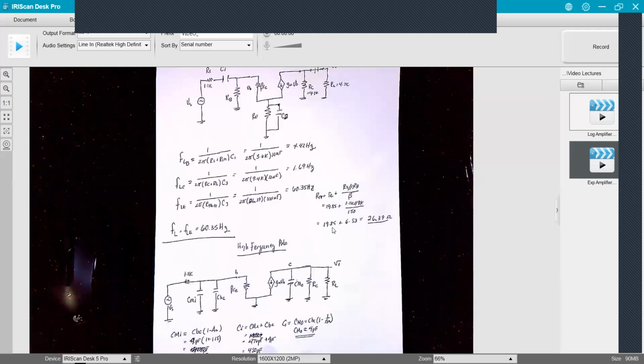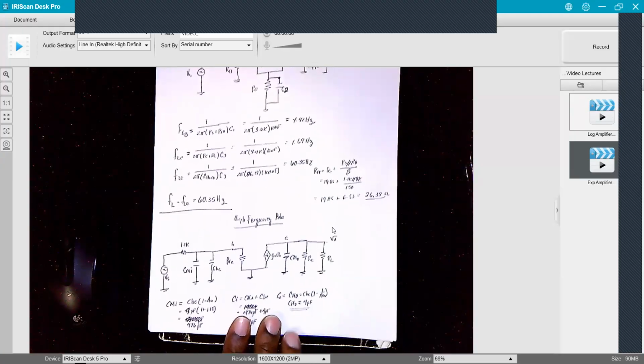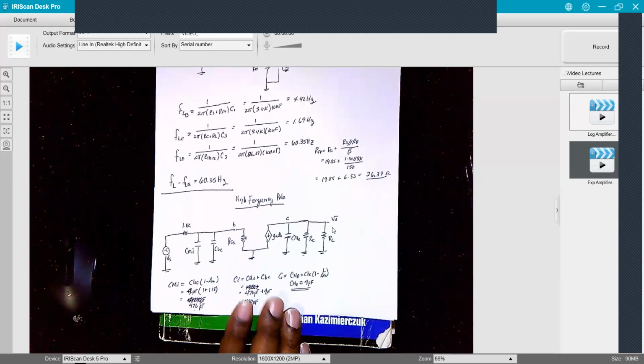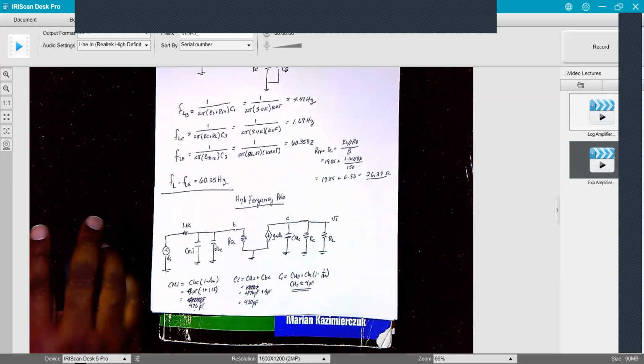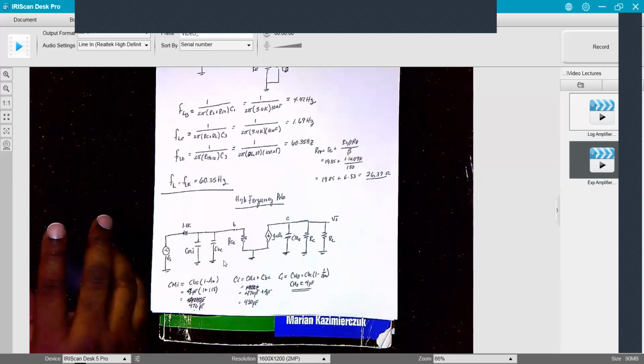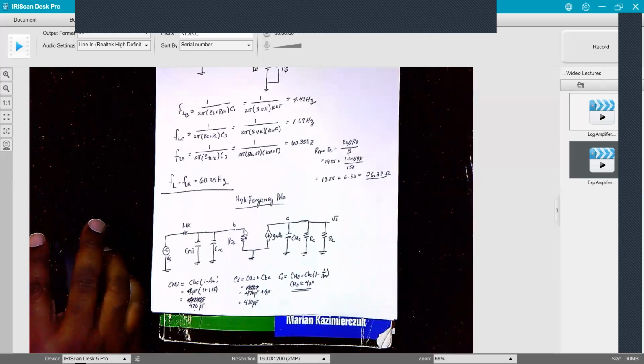Now we want to look at your poles due to your high frequency. And these poles are due to your internal capacitances. So there's a capacitor across here, C sub BC, and there's a capacitor across here, C sub BE.